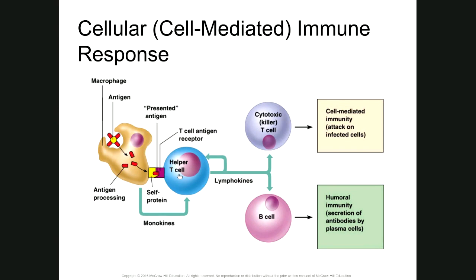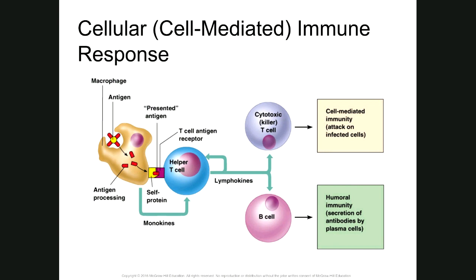The T helper can identify that type of antigen presenting cell and the antigen which is present on the surface of this cell, and then it can hire T cytotoxic cells, and T cytotoxic cells can attack those infected cells. And sometimes our humoral immunity becomes active and the B cells change to plasma cells and start making antibodies.